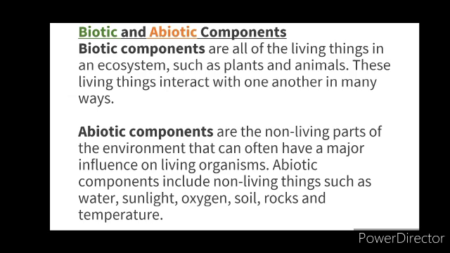Next, abiotic components. Abiotic components are the non-living parts of the environment that can often have a major influence on living organisms. They include non-living things such as water, sunlight, oxygen, soil, rocks, and temperature.